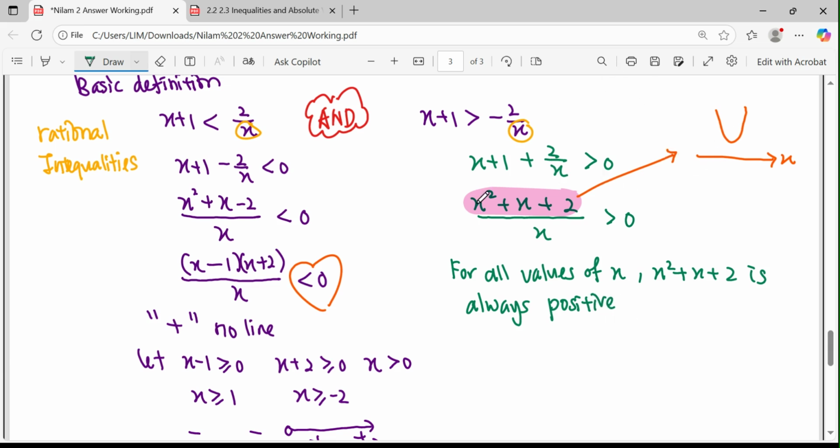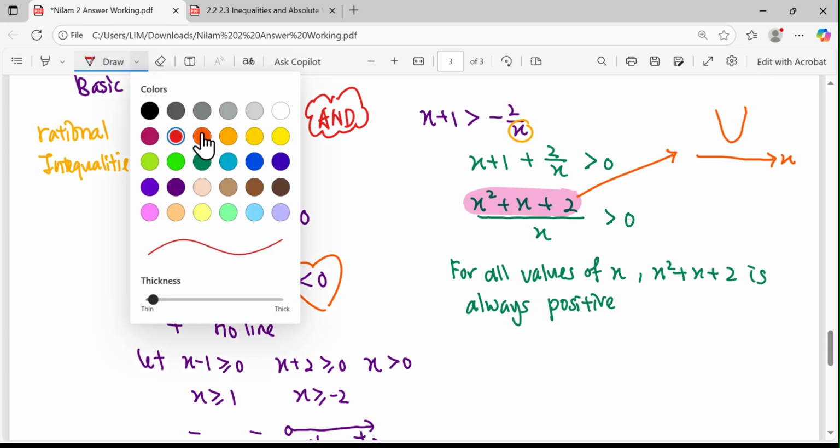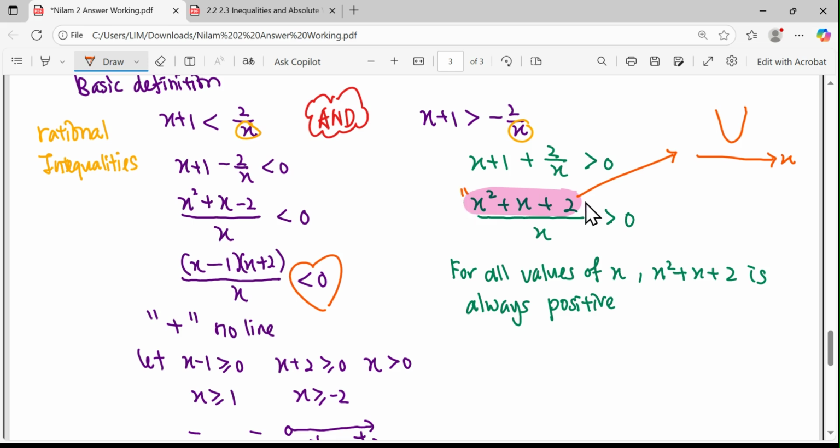Whatever value of x you put in, you can try: you put in negative, you get positive, you put in positive, you get positive, because you can see in your graph it is above the x-axis, meaning your whole graph is always positive. So this quadratic is always positive. What to do for the denominator with this value of x so that the whole fraction gives you positive?